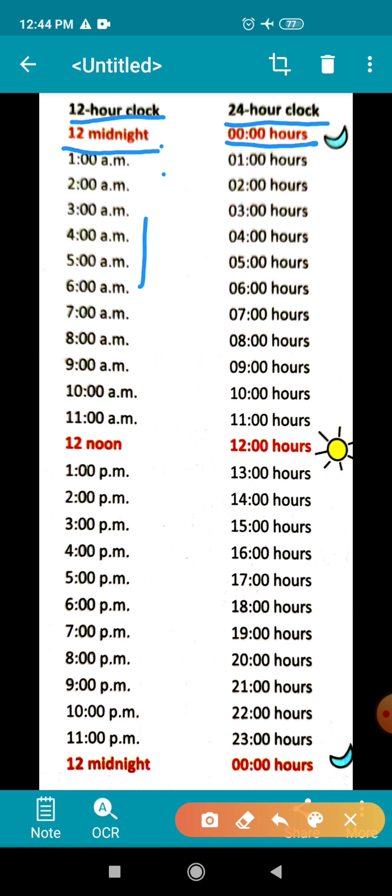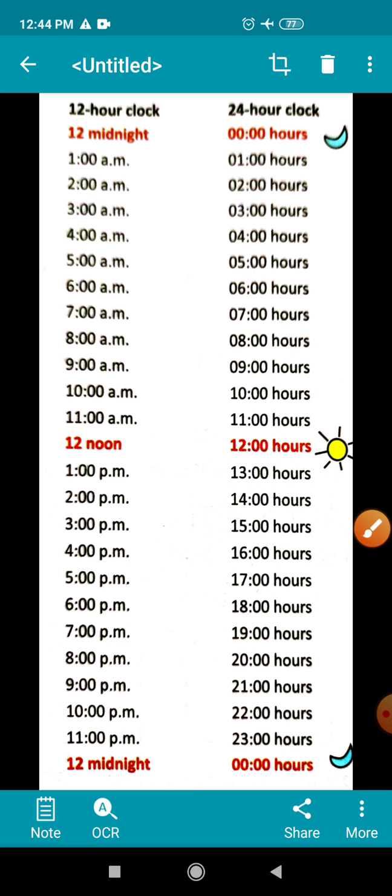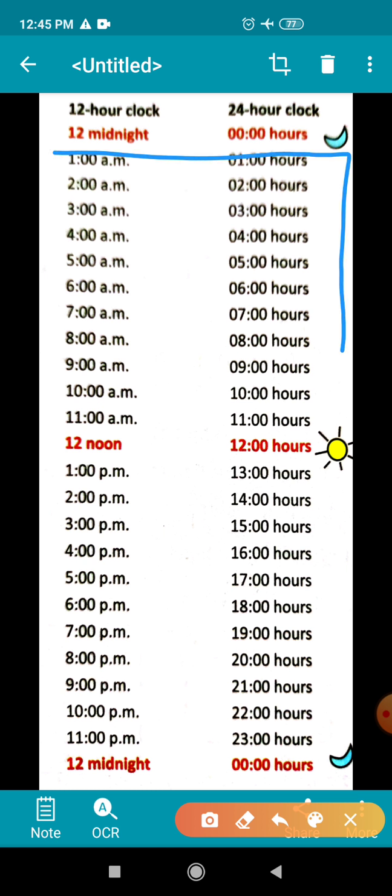So if the time given is 12:50, then you will subtract 12 and the time will be 00:50 hours. But from 1 till 11:59 the time does not change, it is similar, you can see in this table.